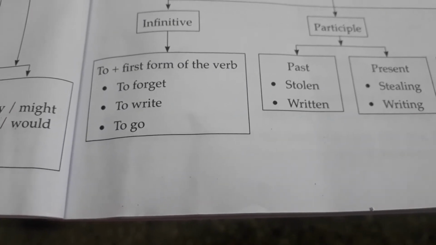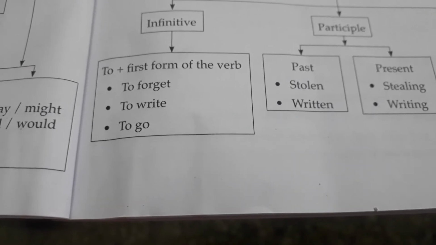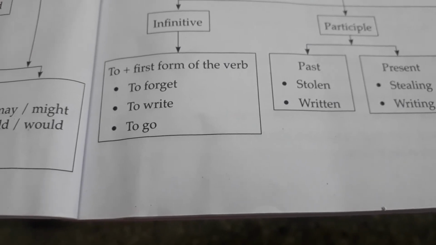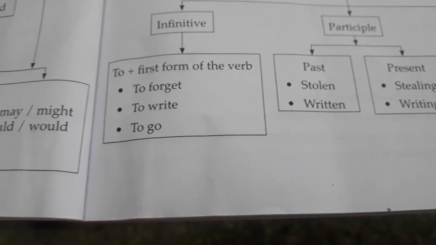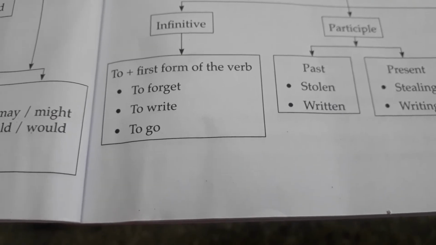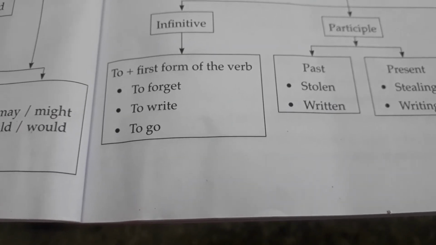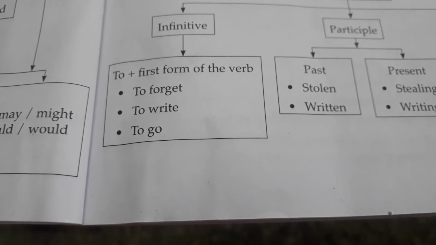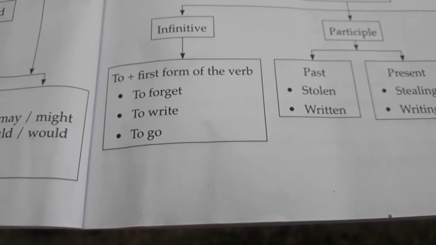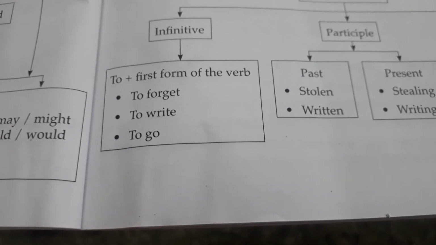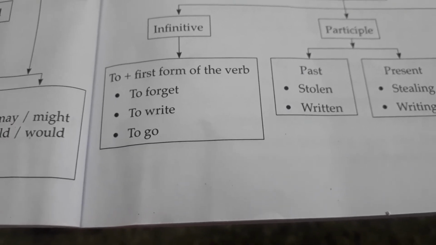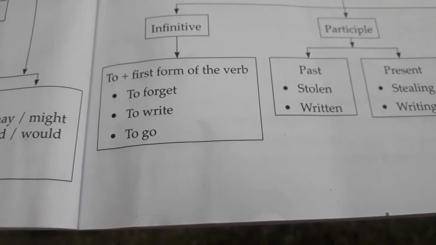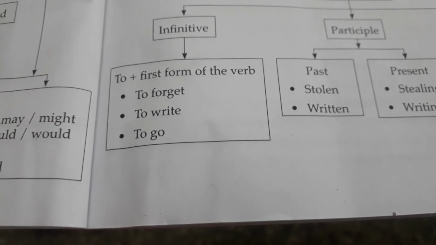These are base forms of the verb. But when I add to, it becomes an infinitive verb. To forget, to write, to go, to play, to jump, to eat, to drink. So these are infinitive verbs. So infinitive means to plus base form of the verb.